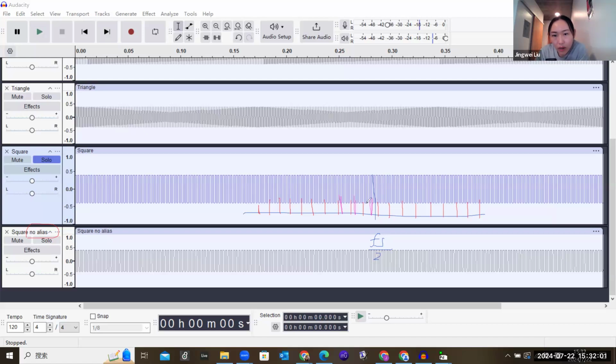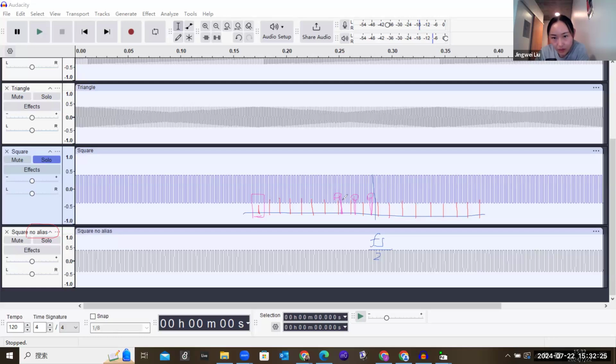Then what you are hearing is a combination of the tone of the fundamental frequency in red and also this folding over, these aliases in this magenta color. And these folded over frequencies don't form the harmonic series with the original tone. So this is your fundamental frequency.